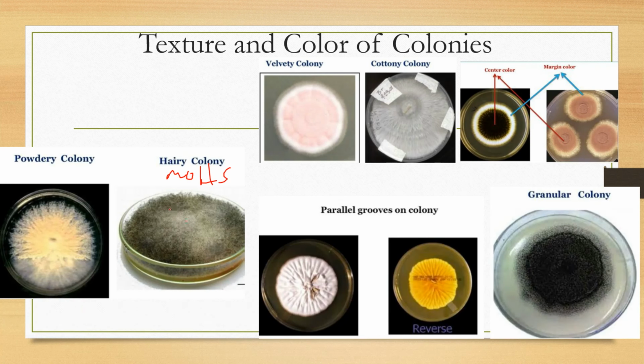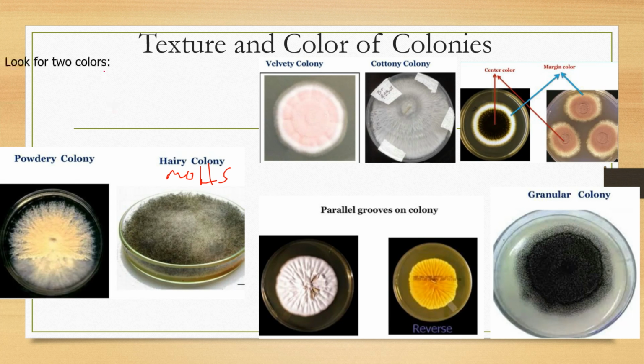These are the mycelium. Now you would have the thallus and the vegetative, and in a hyphal appearance, you can see up here the reproductive spores or reproductive conidia. There are also the vegetative hyphae below the media.